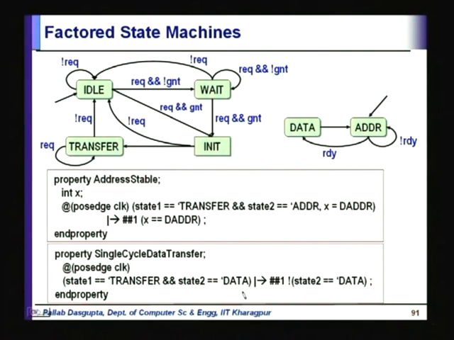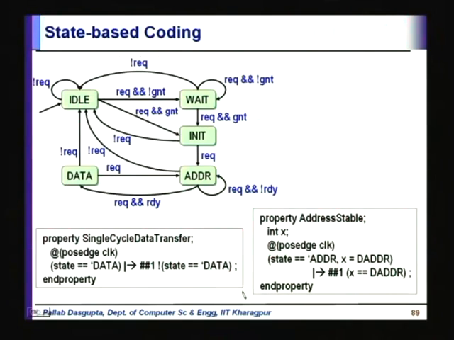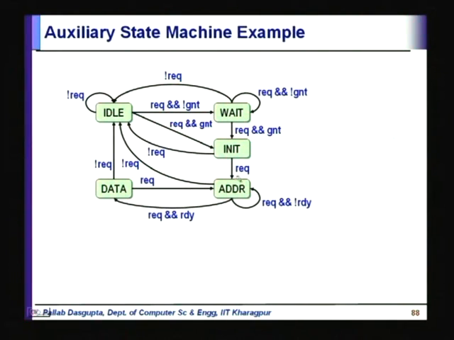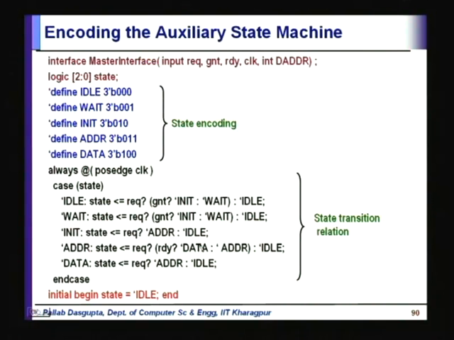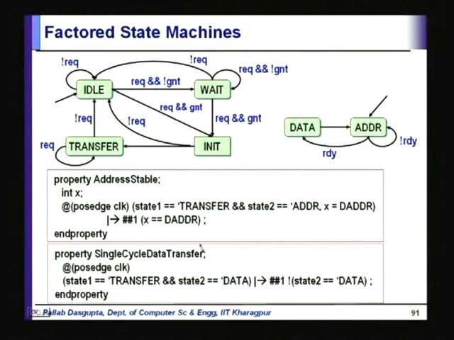You can actually use multiple factored state machines also. So instead of having one single state machine, see, often for complicated protocols, creating one state machine like this is going to be very hard, right, because there are many types of transactions. For a complex protocol, you cannot express everything as a single auxiliary state machine, but you can use many state machines. Like here we are using two state machines.